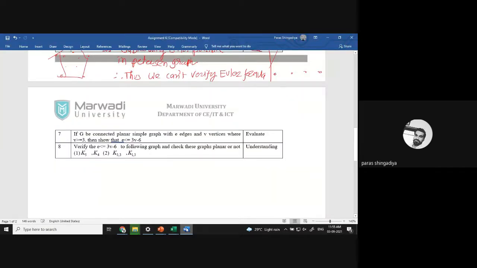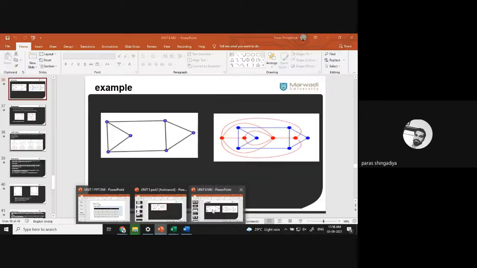Question number 8. Verify E less than or equal to 3v minus 6 for the following graph and check whether this graph is planar or not. So what does this result indicate here? Which idea can we consider from this proof?